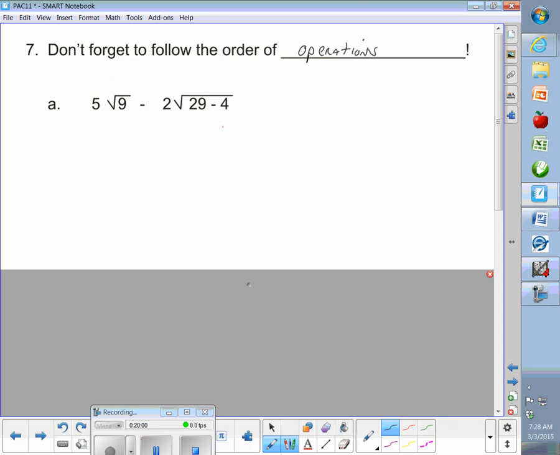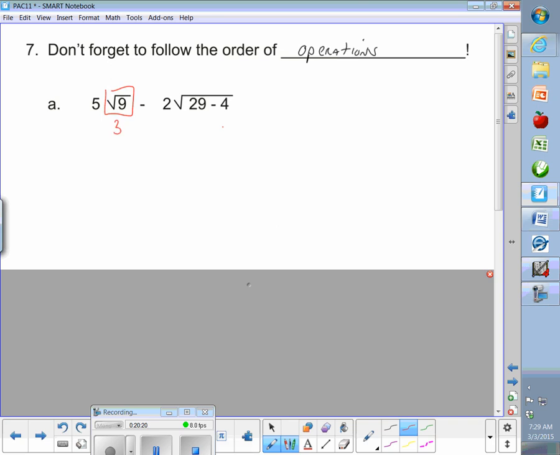Well, with that, all exponents really involves radicals. So you want to do radicals before you do any multiplication and division, before then you do any addition and subtraction. Okay, so we've got a radical here, all set and ready to go.